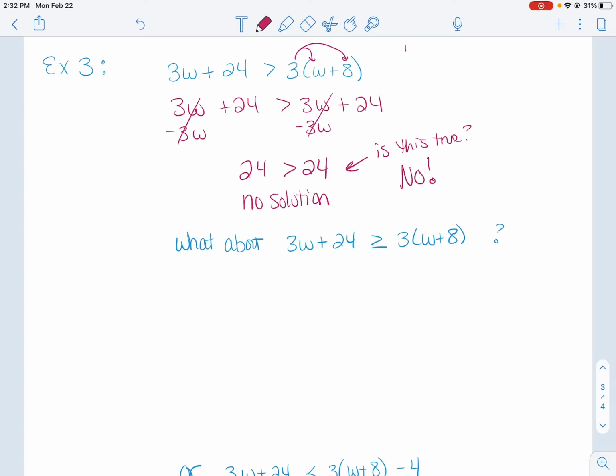We could try when w is 0. We get 0 plus 24 is greater than 0 plus 24. Again, 24 is greater than 24. Nope, that doesn't work, right? So it doesn't matter what number w is, if it's always the same and both sides are actually equal, one will never be greater than the other.